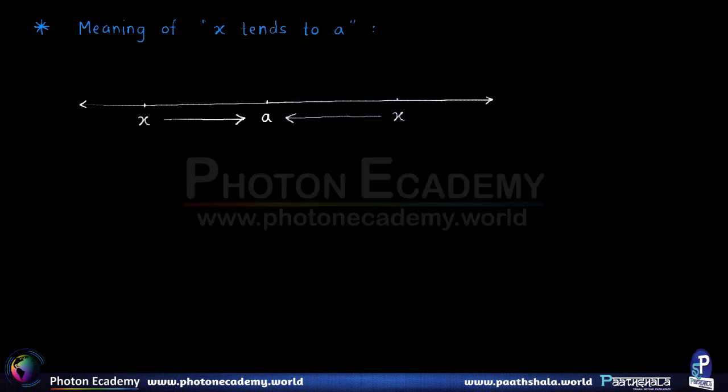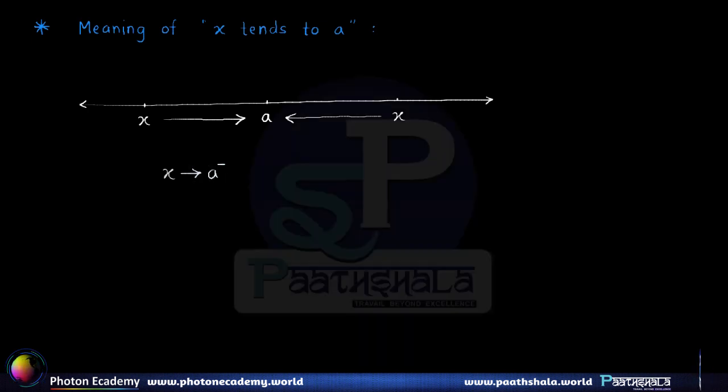So we have two situations: x tending to a when x is less than a, which is denoted by x, then an arrow, then a, and we write a small minus sign on top of a. It means that x is coming closer to a through values which are less than a.